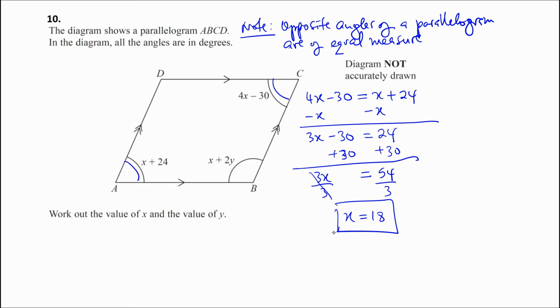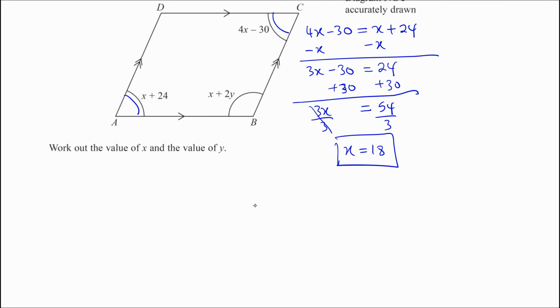And then we are required to work out the value of y. Now, to work out the value of y, you have to note another thing, that co-interior angles add to give 180.